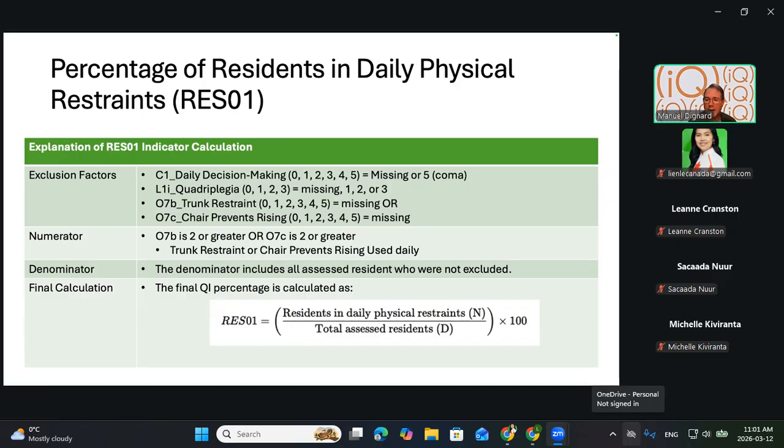A higher rate often triggers regulatory scrutiny and flags potential gaps in staff training and care planning. So ultimately, the goal here is to reduce, and ideally in a perfect world eliminate, routine restraint use wherever possible, whether by using alternatives, restorative care, mobility programs, or individualized behavior supports.